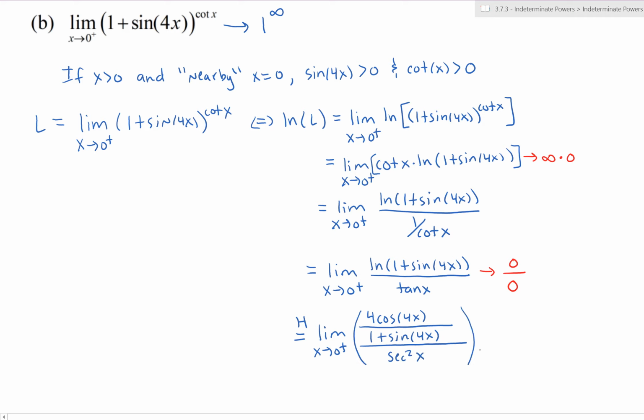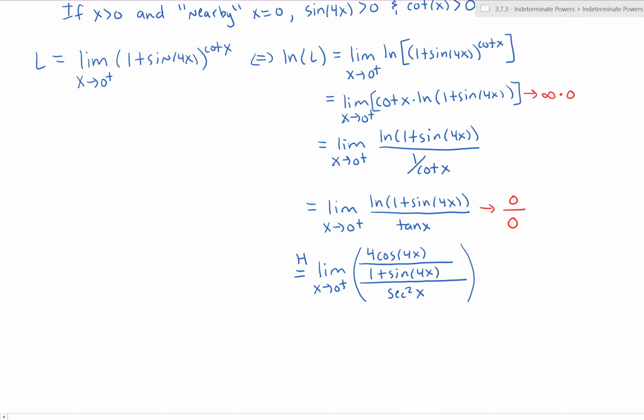So now we're dealing with this. Let's clean this up a little bit and write it as the limit as x goes to 0 from the right of 4 cosine of 4x, all divided by secant squared x times the quantity 1 plus sine of 4x.